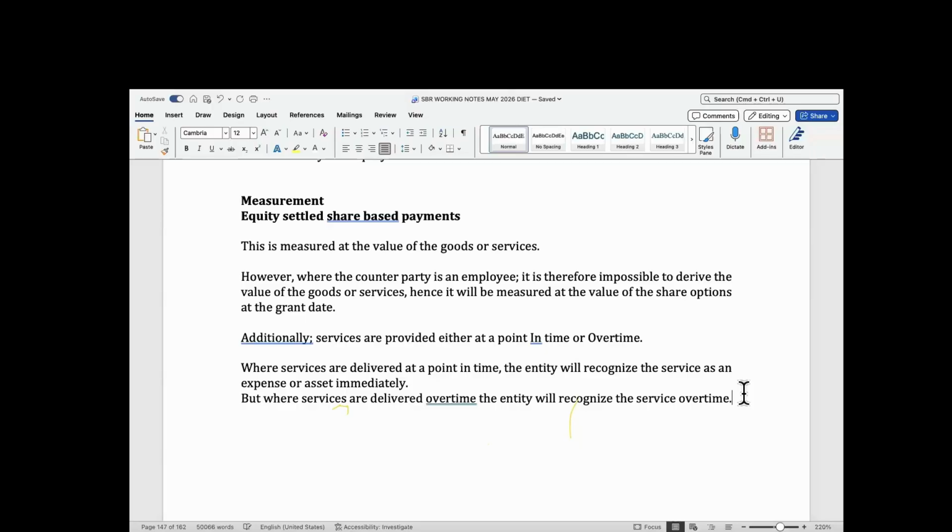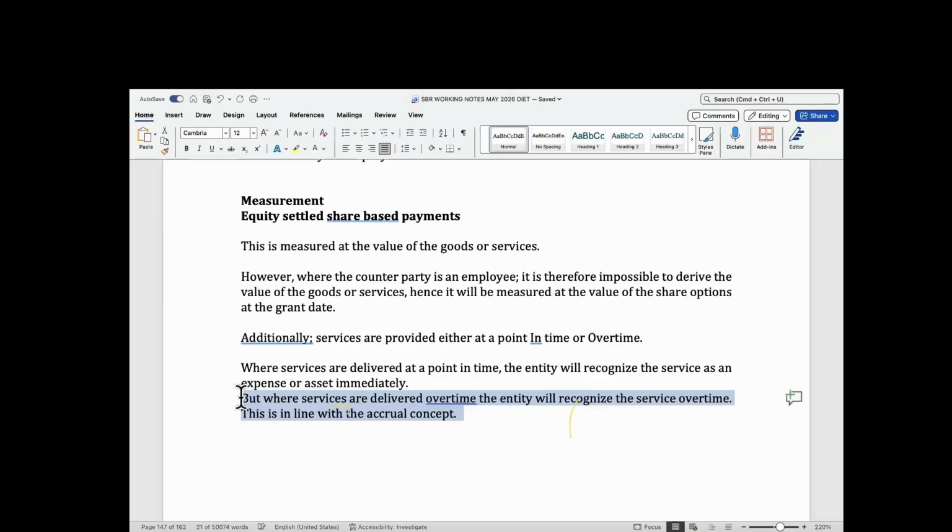And this is in line with the accrual concept. So believe me, everything we want to discuss under this standard is focused around this.